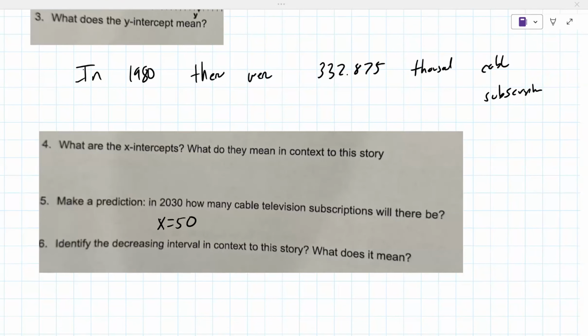Wait, where's the 50 coming from? Good question. What's the base year? 1980. So 2030 minus 1980 is 50.